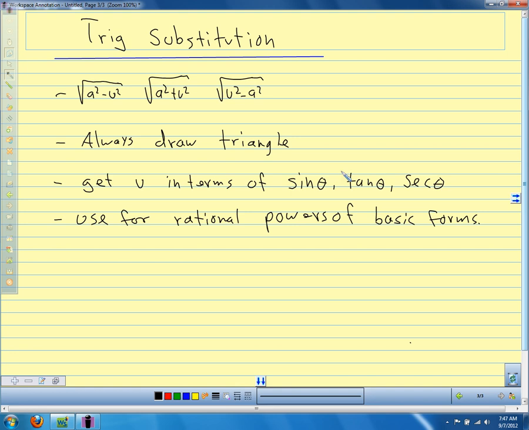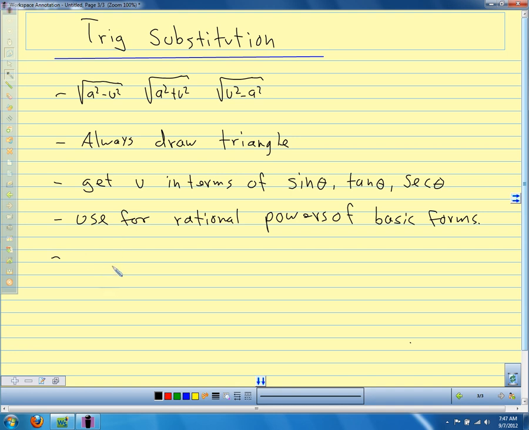It's easy to forget that could be a trig substitution. And trig substitution is also useful if you don't remember your integral formulas for the inverse trig functions, because you can use trig substitution to find your integral formulas for inverse functions. So again, if you don't memorize those inverse trig function integrals, you can use trig substitution to find them.